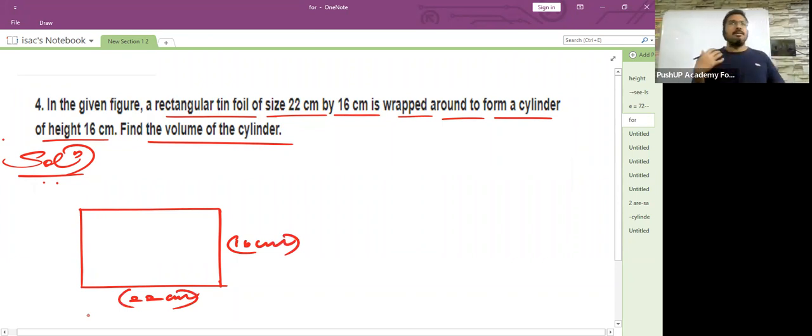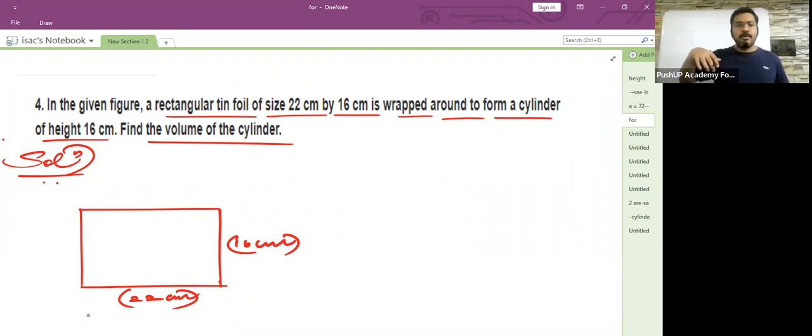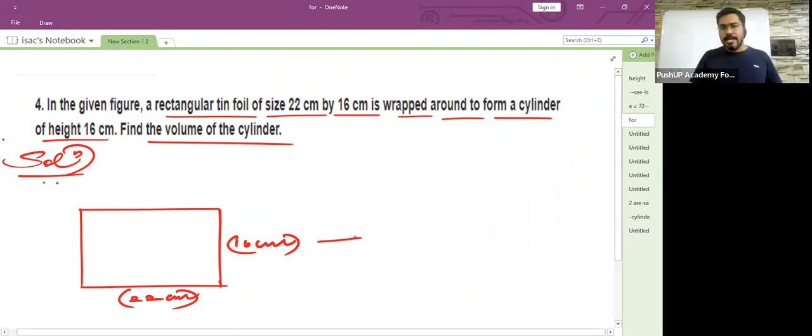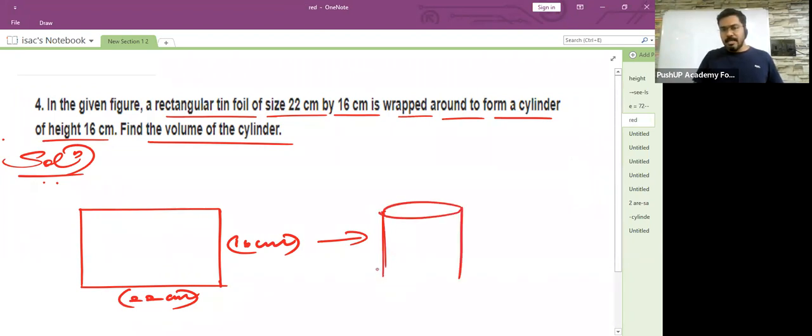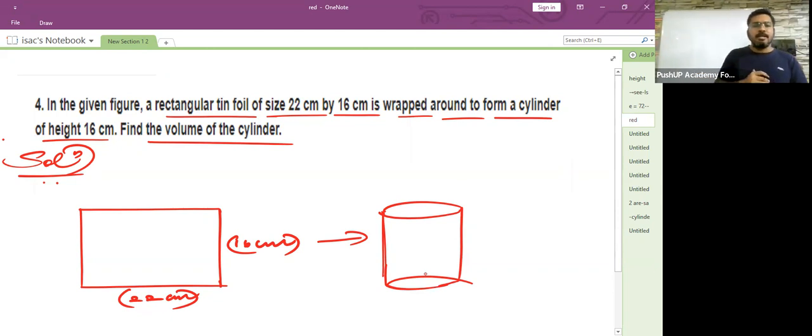Now this rectangular tin foil has to be wrapped around to form a cylinder of height 16 centimeter. So imagine, children, this is the cylinder which you are going to form with the help of this tin foil.